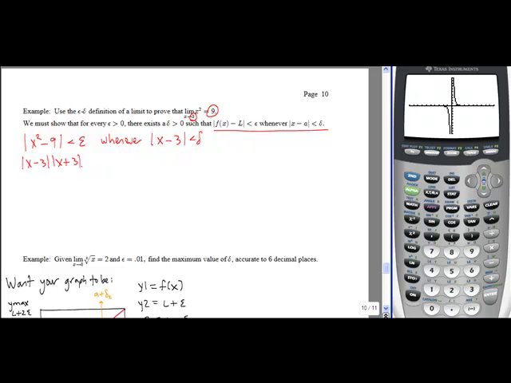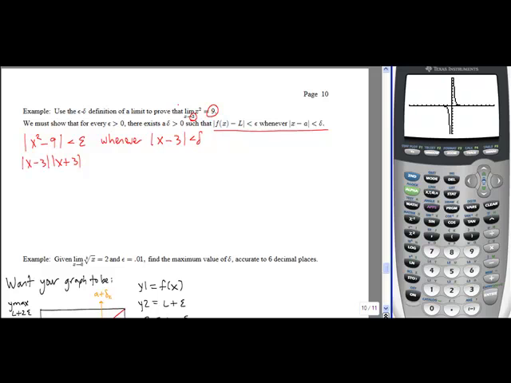So think about what would happen on this interval. We are approaching 3. So what would be a reasonable range of x values to look at if we're approaching 3? Obviously you want to try to get as close to 3 as you can.